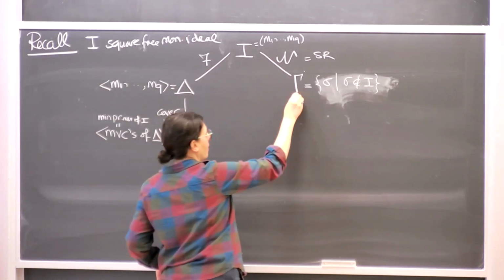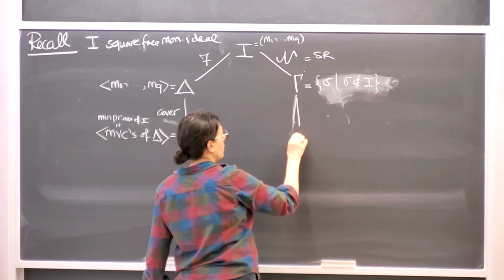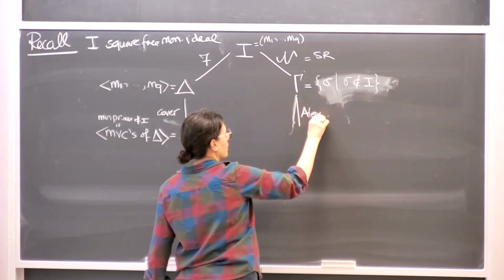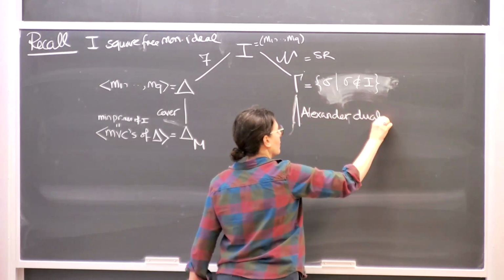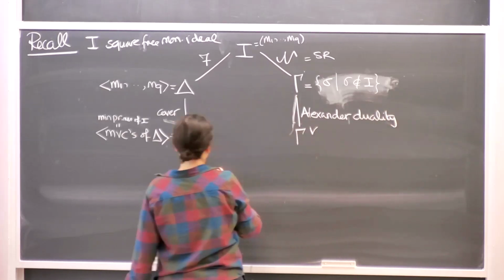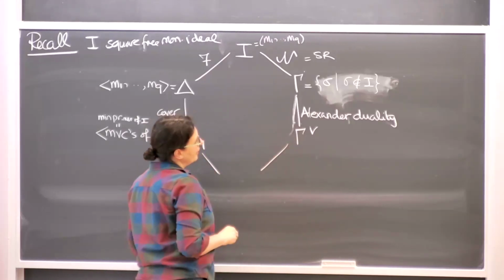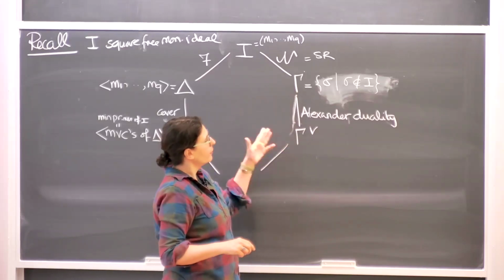And here I have the Alexander dual. And this Alexander duality is from topology, so this is a triangulated version of it.